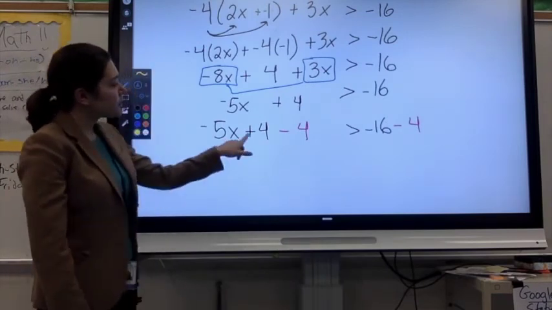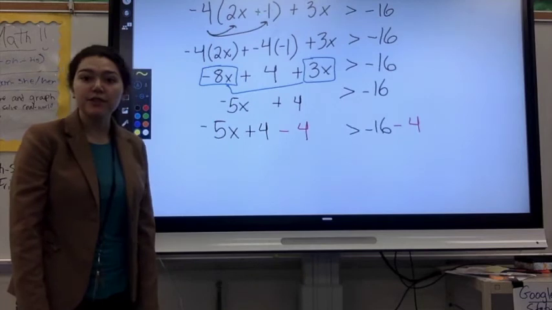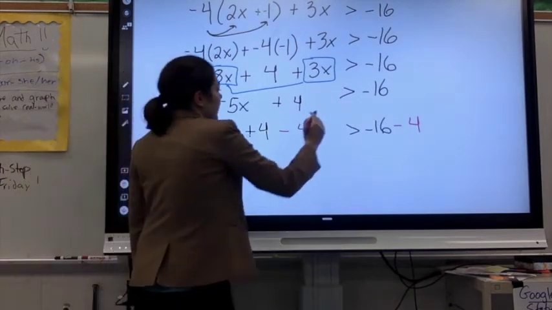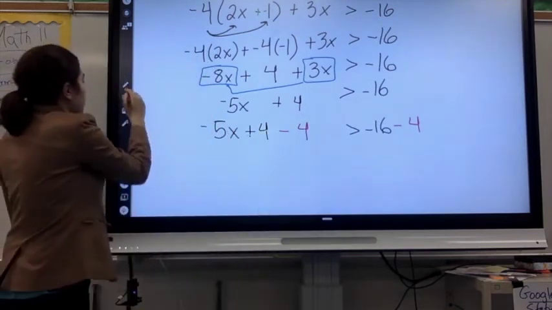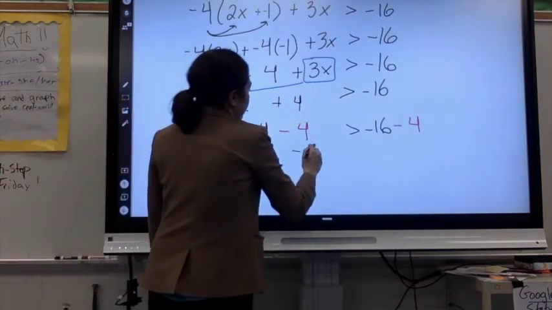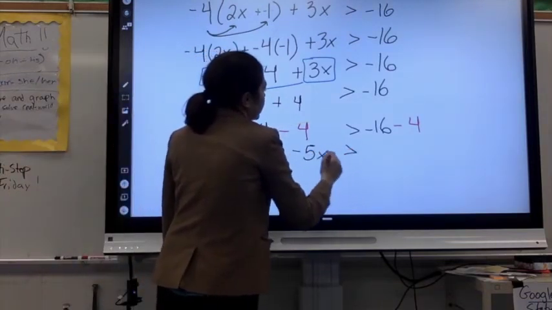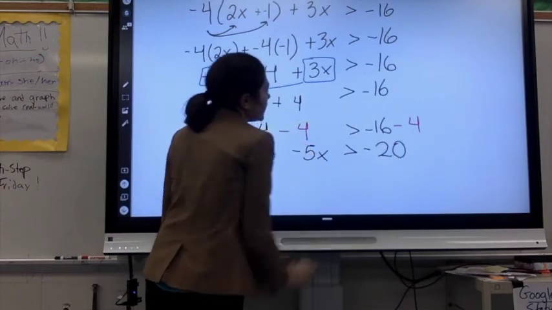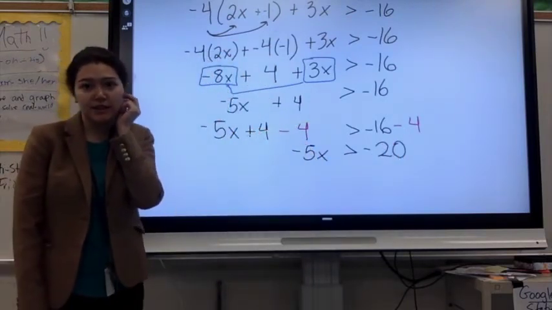So -5x plus 4 minus 4. 4 minus 4 is 0, so this goes away. I can cross it off. And I get -5x is greater than -20. -16 minus 4 is -20.